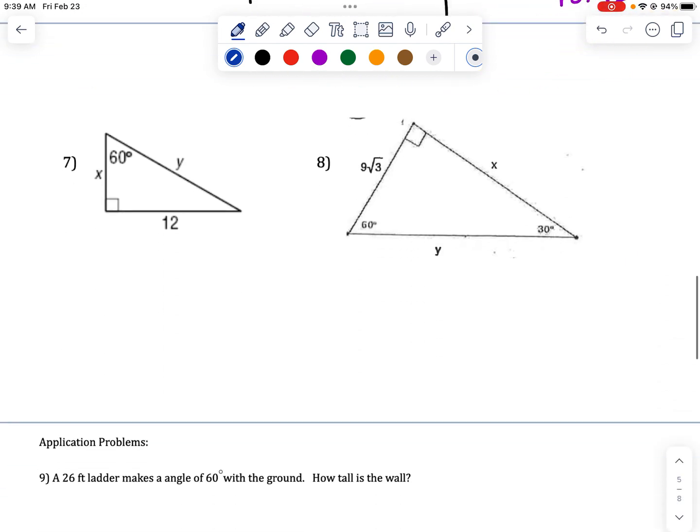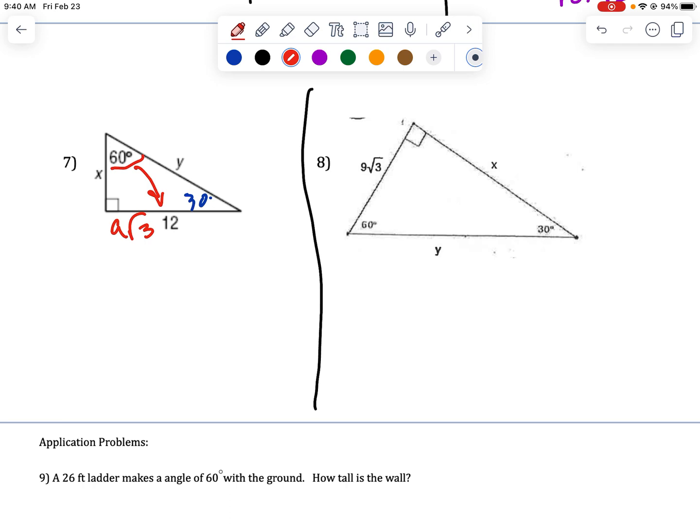All right, number 7. Number 7, we have not seen one like this before. If that's 60, then this has to be 30 automatically. So 12 is across from 60, which is my a root 3 side.